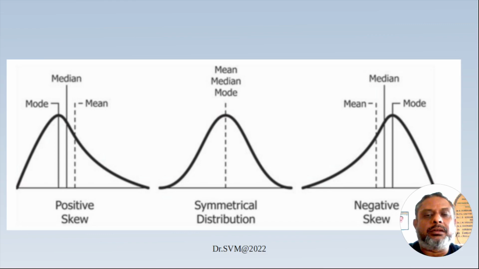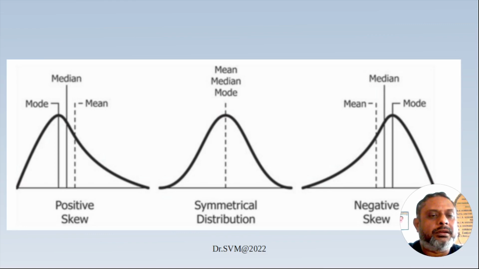Median is the central value when the data are arranged in either ascending or descending order; you pick the central value, and that becomes the median. And mode is the one which is the count, the particular data which is repeated the maximum number of times in the sample. So if the distribution is symmetric, then all three are equal.